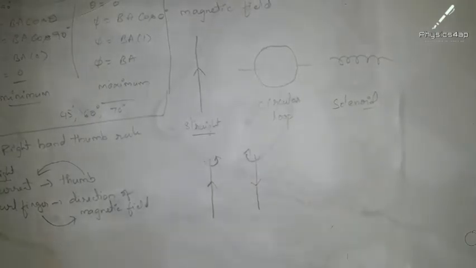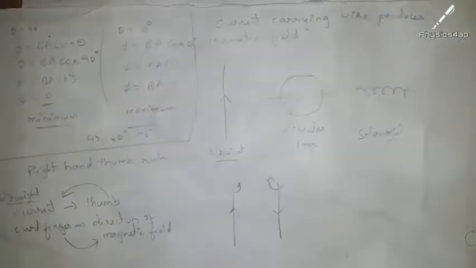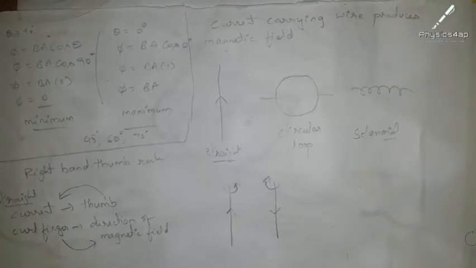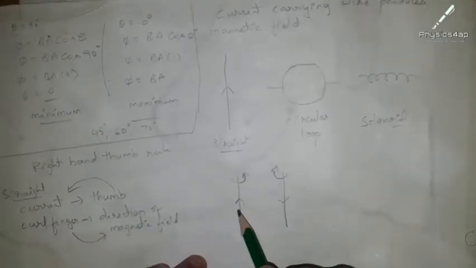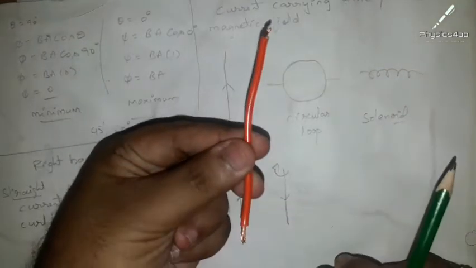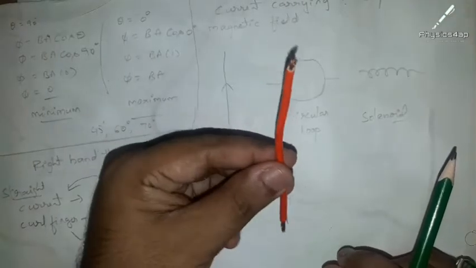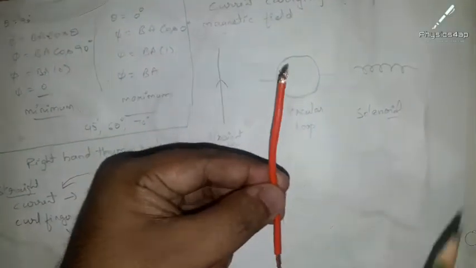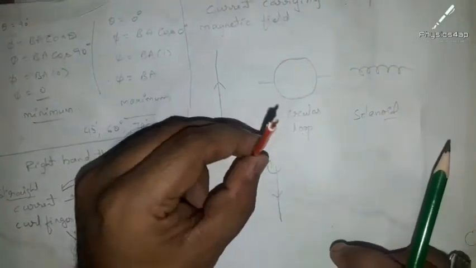Now here, as the current is moving in upward direction, if you see a straight wire, I am representing it in upward direction, that is, it is moving upward like this.